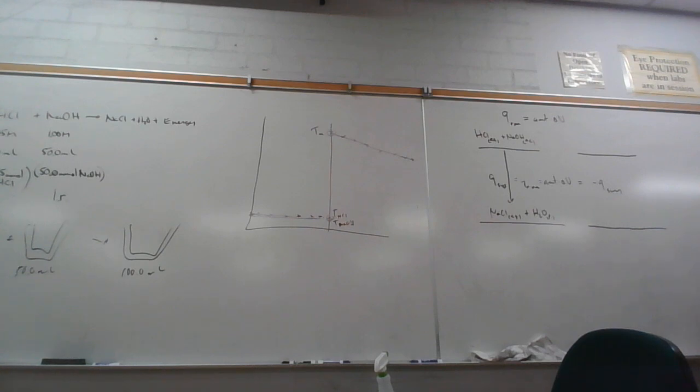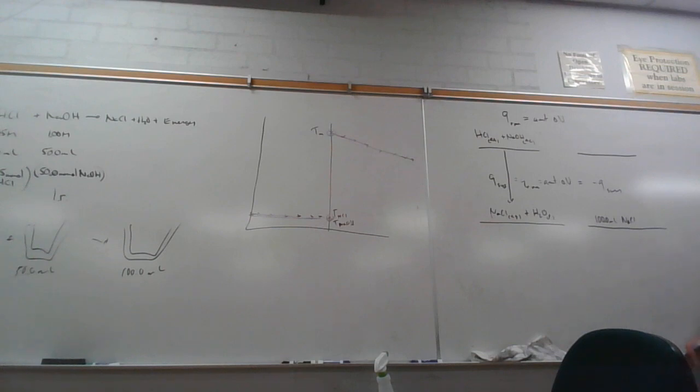Now, what is the surroundings here? What do my surroundings consist of? The universe. Yeah, that's it. But at the initial level, we're going to have the product solution. That is, we're going to have 100.0 milliliters of sodium chloride solution that's left over.